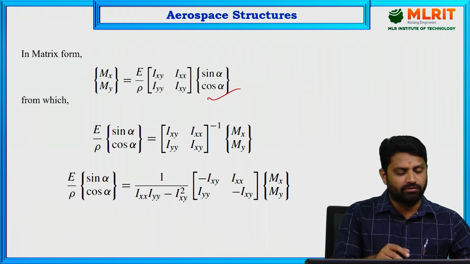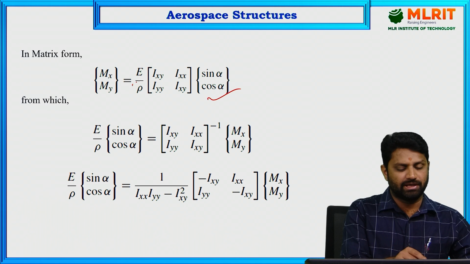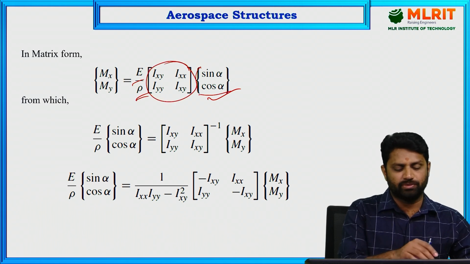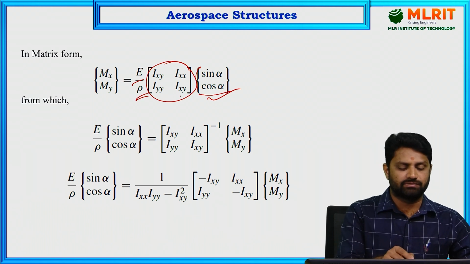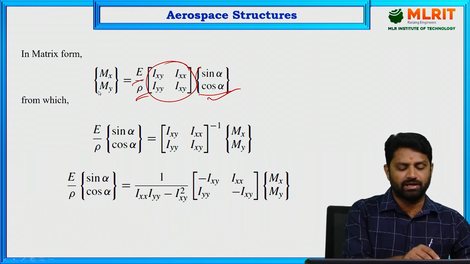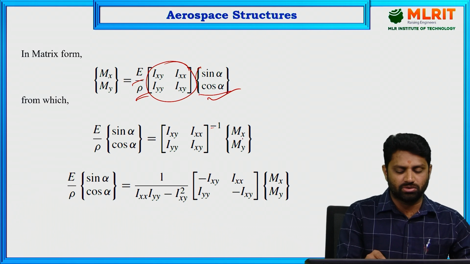Then further you can write it as E by rho into sin alpha cos alpha, keeping it as it is, sending this 2 by 2 matrix, that is Ixy, Ixx, Iyy, Ixy, to the other side of Mx My, so that it becomes the inverse into Mx into My.